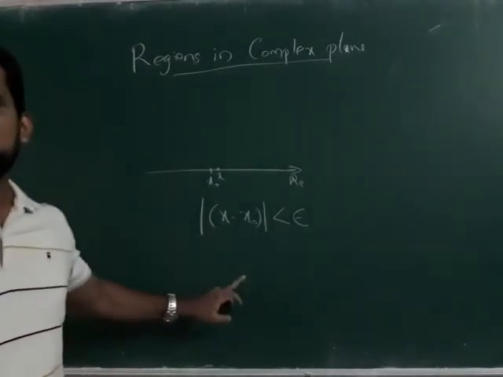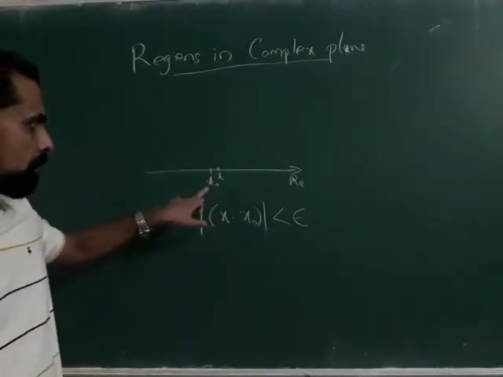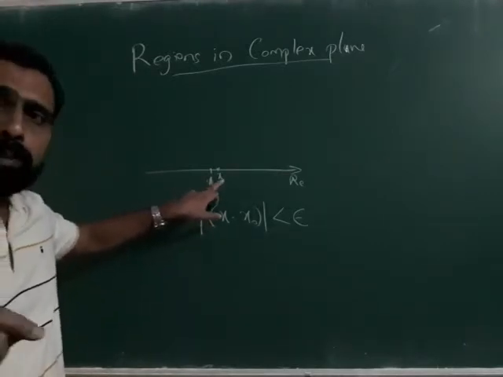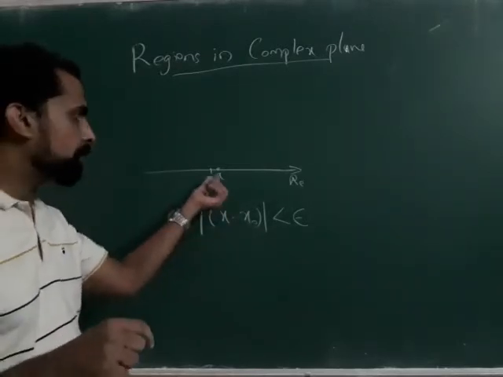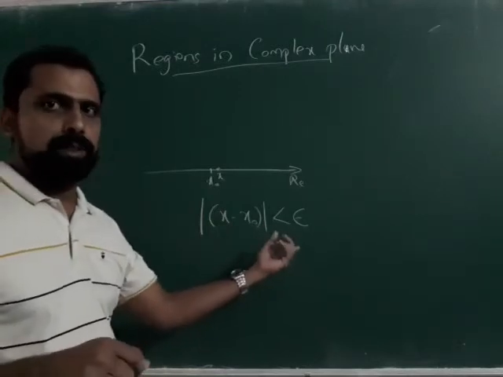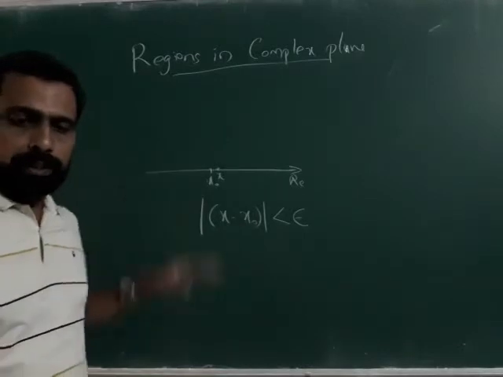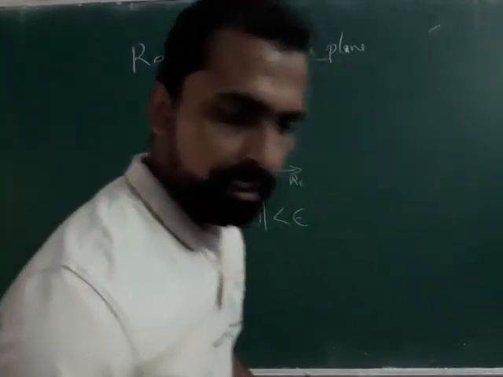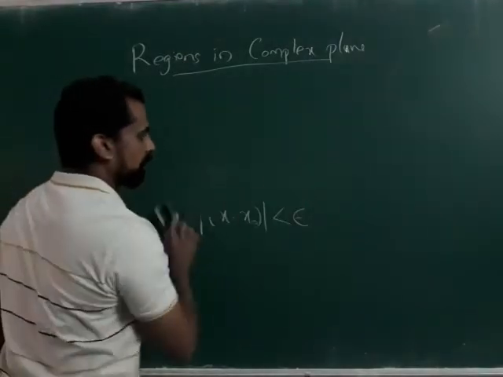It means all the points neighboring this x where the modulus, meaning the magnitude or length of this, is less than this epsilon. That is the meaning of it. In the same fashion, you can also define things in the complex plane as well. So we will go to the complex plane now.